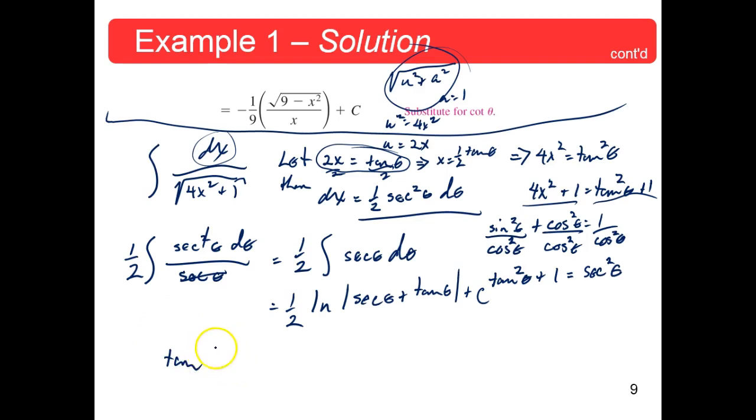Tangent theta is equal to 2x. Now, I'm going to put something in here, tell me if it bothers you. Over 1. No, that doesn't bother us at all, does it? Now you draw your little picture with a right angle in it and make this be the angle theta, and you tell me what is 2x and what is 1.